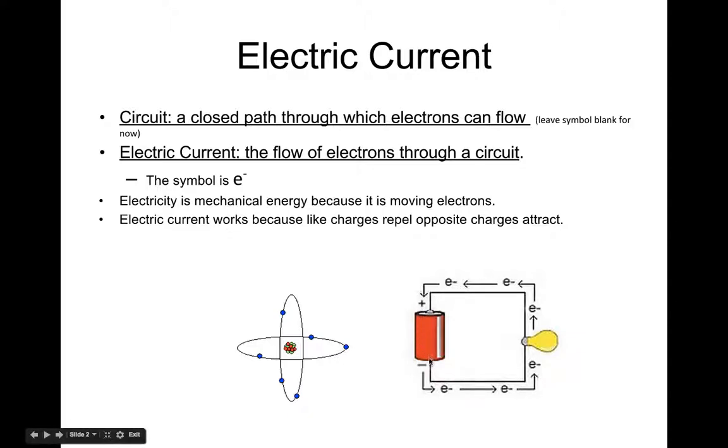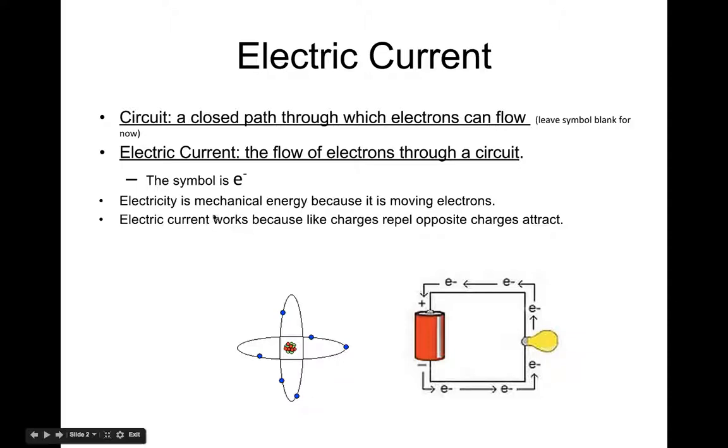And they're going to get pushed out of the negative end of a battery because two like charges repel. So electrons are going to push away from the negatively charged end and travel through the light bulb. As long as this path is a closed path, in other words, there are no openings in it and everything's connected, this should turn on.